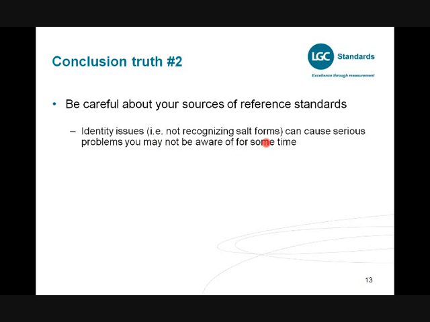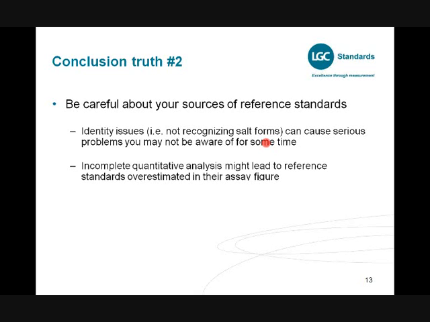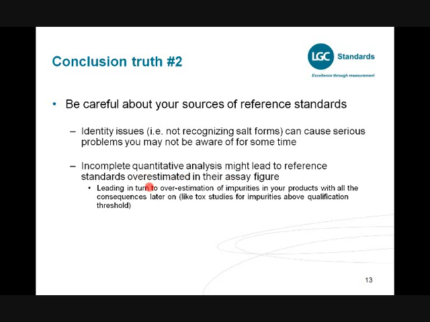And as I said, it's not so much a problem if you really want to use it for peak identification purposes, but when you want to use them quantitatively, it might pose problems for you. Because such an incomplete identity analysis, for example, you think you have the free base and instead you really have the hydrochloride lying in front of you, will give you problems when you do quantitative analysis later and will lead to reference standards that are overestimated in their assay figure, and in turn it will also lead to overestimation of impurities in your products with all the consequences later on.